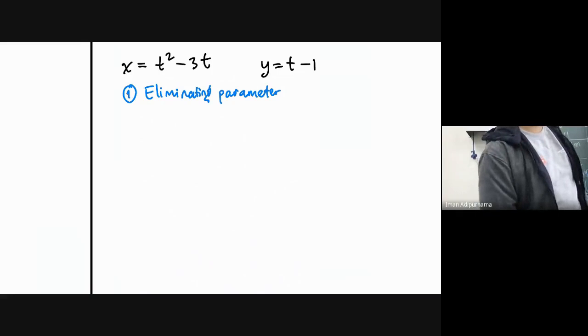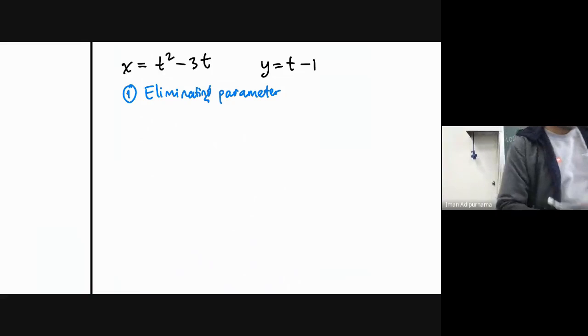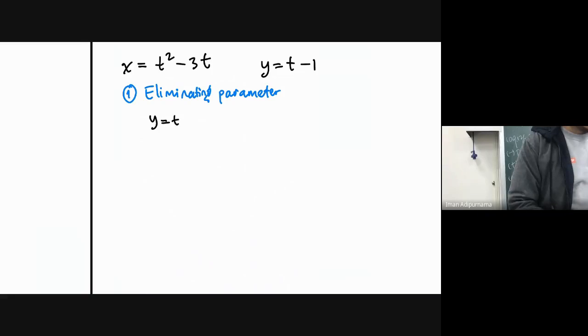Because if not, then the only way to sketch the graph is by plotting the x and y. But that would be really tiring, right? You waste a lot of time to plot the graph. But what if my y is t minus 1, then my t is y plus 1, right?